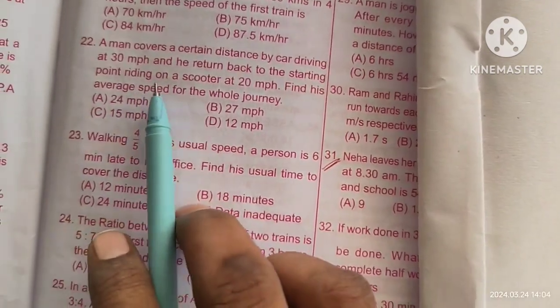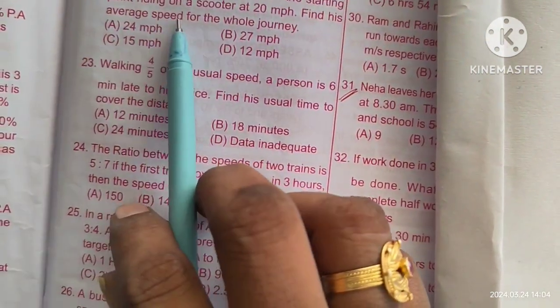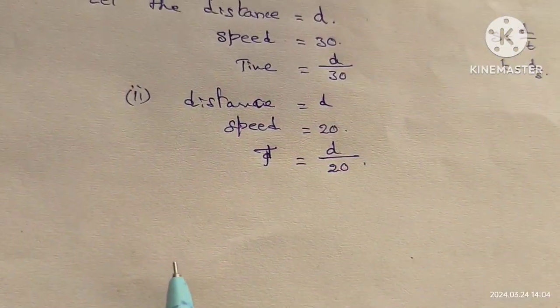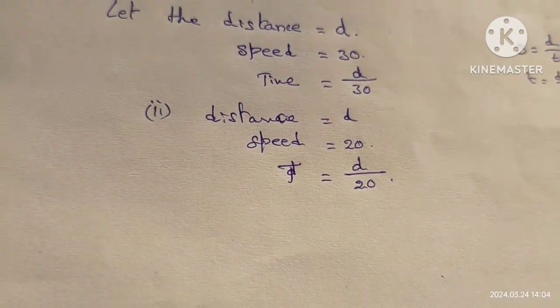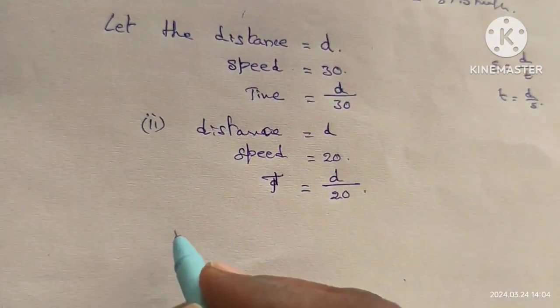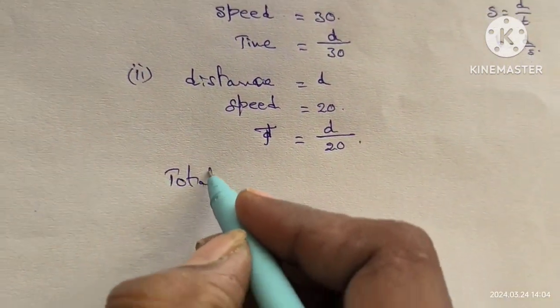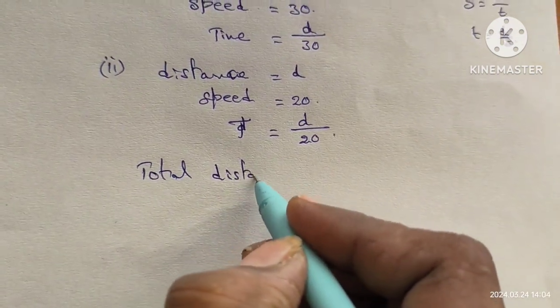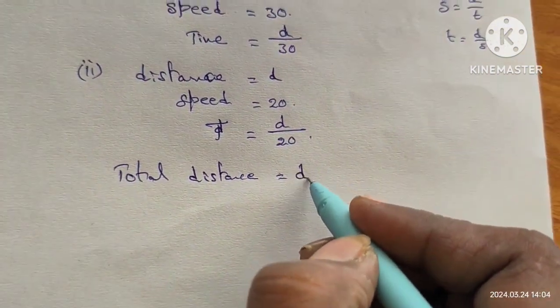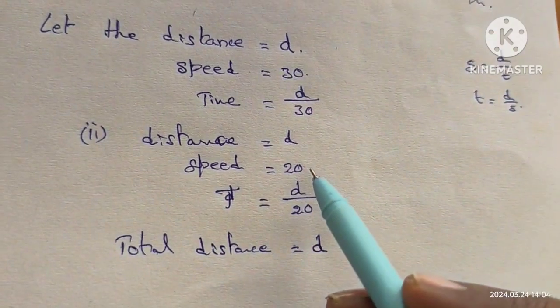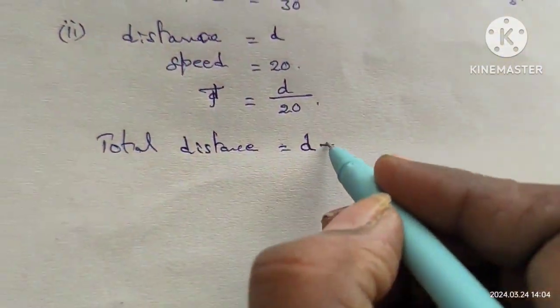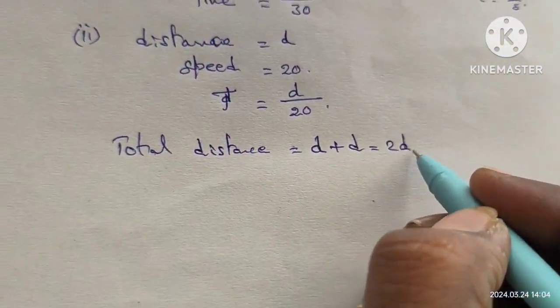Now in the question they are asking the average speed for the whole journey. So we have to calculate average speed for the whole journey. For the whole journey, total distance: first distance is d and came back the same distance, so d plus d, that is 2d.